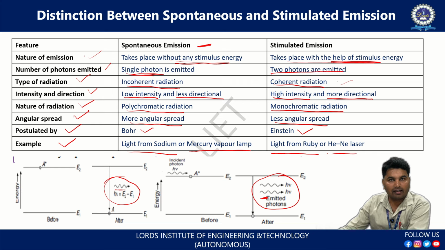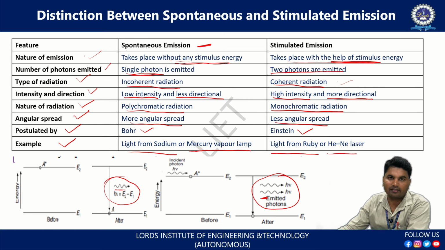So by far we have covered the acronym of laser, that is light amplification by stimulated emission of radiation. And we have seen the characteristics such as high monochromaticity, highly directional, highly intense, and highly coherent.